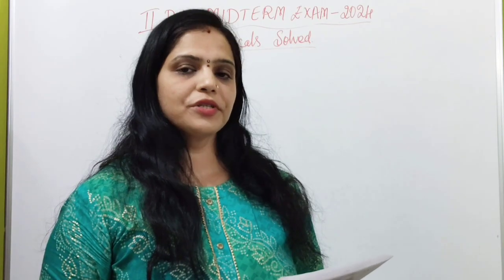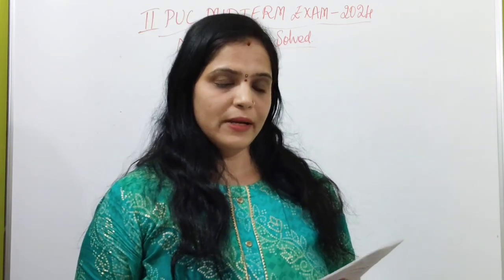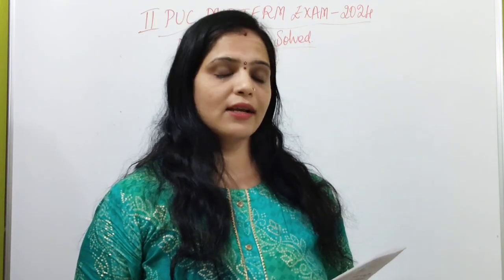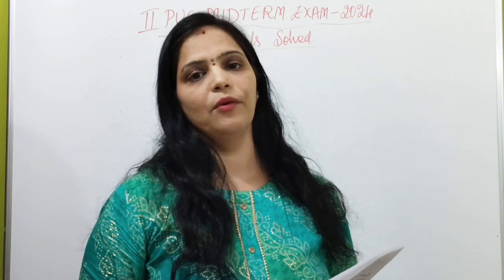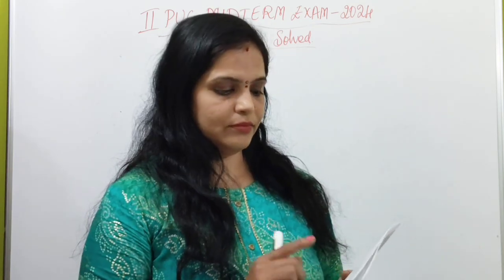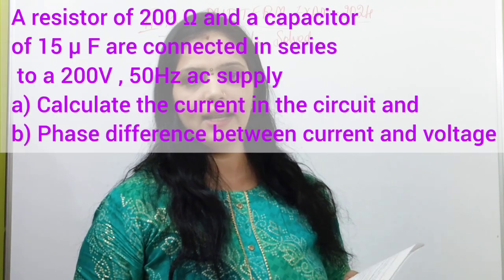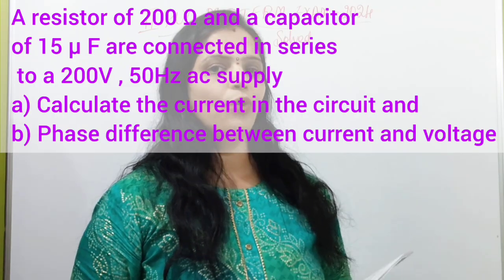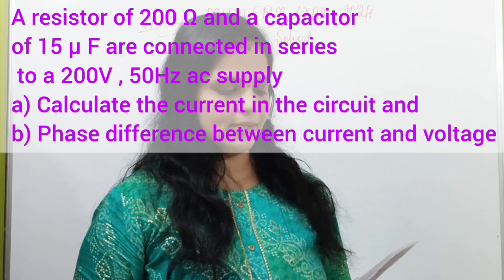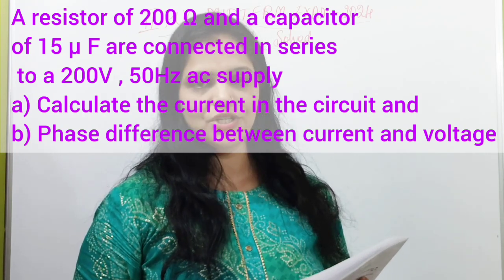The third question is from the AC chapter. Students, important: please practice numericals of the AC chapter, which is very important. Here there are two devices, that is resistor and capacitor. In an LCR circuit there are 3, right? But only 2 are given, resistor and capacitor. The values of resistance as well as capacitance are mentioned.